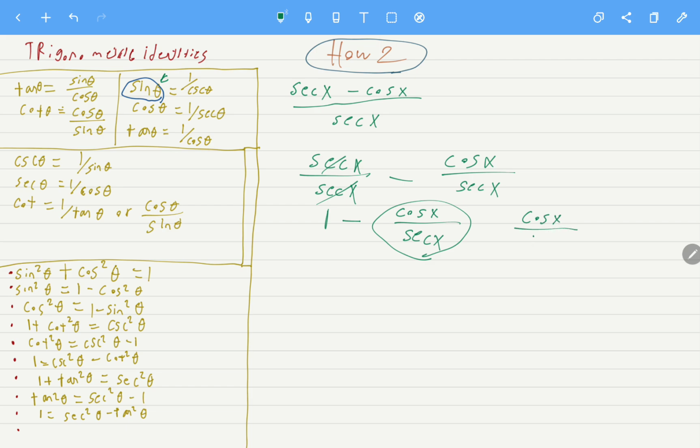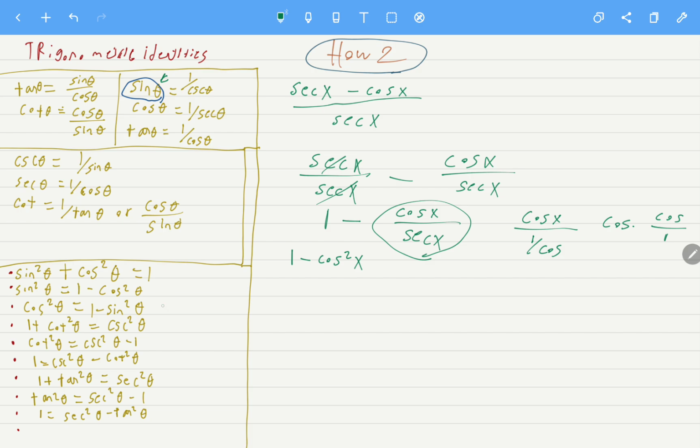What is secant? Secant is 1 over cosine. Okay, we fix this now. Cosine times cosine over 1. Well, we know that this is cosine squared, right? Yeah, that's cosine squared.